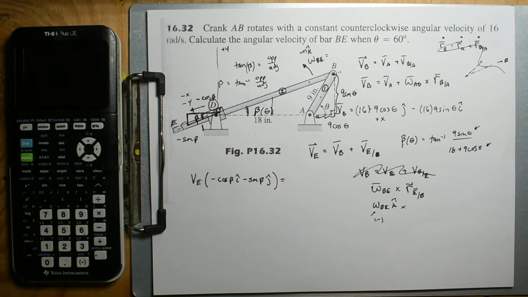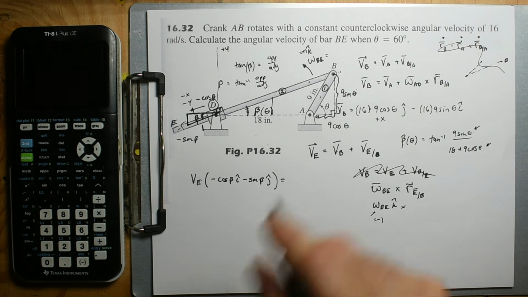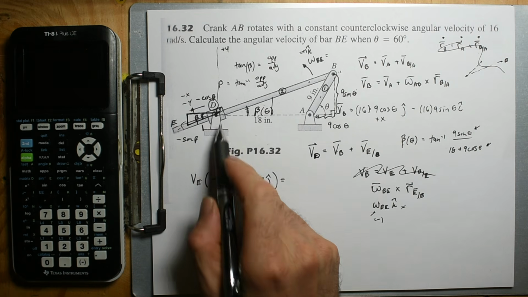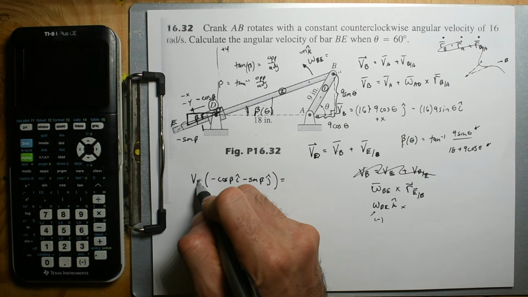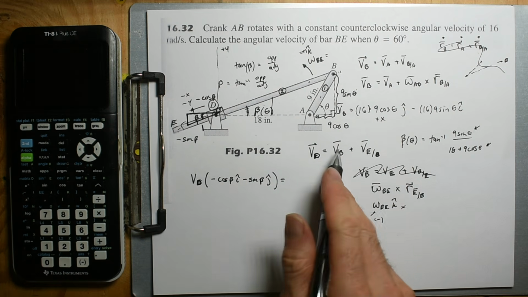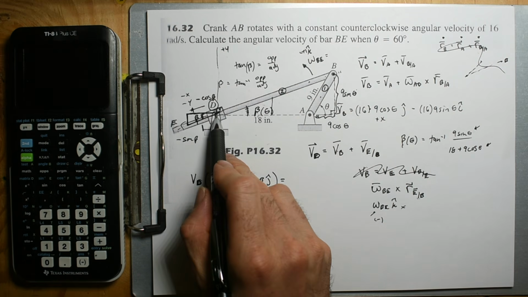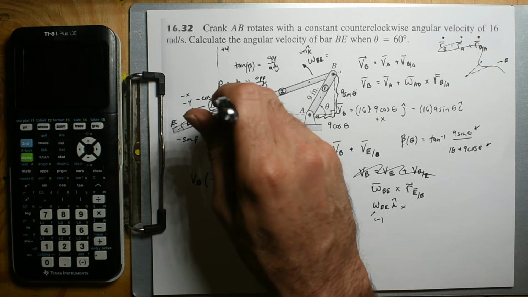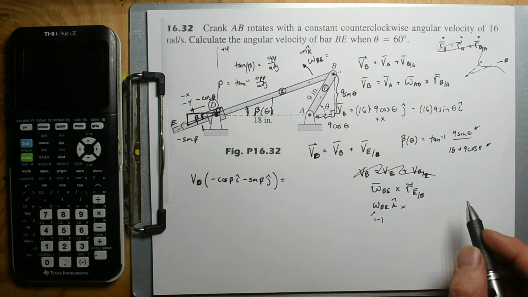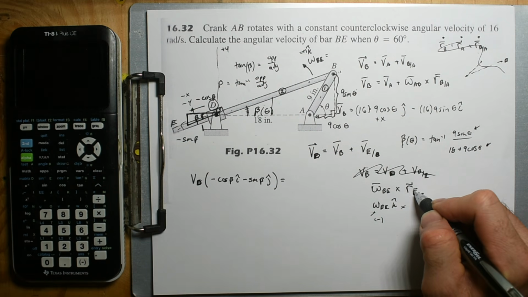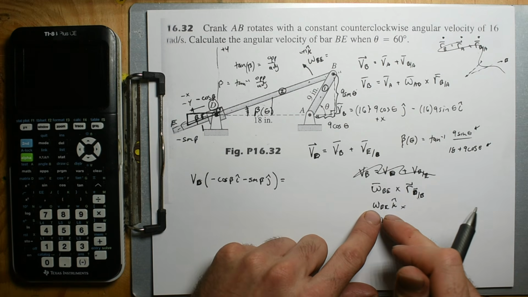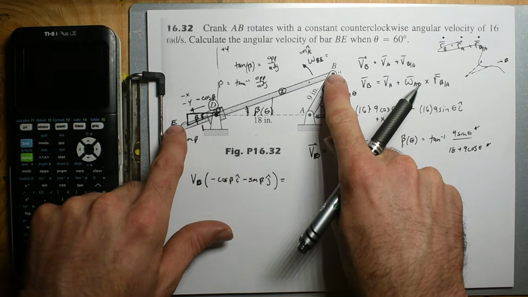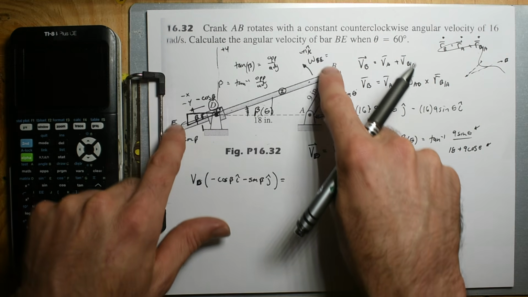And see, that's where, so dumb. I'm sorry I changed it. We're just going to change this to D because we know where D is on this. So this should have been D the entire time. I'm choosing point D. It's a point on the bar inside that couple. Sorry I chose E. That was stupid. My bad. But it's still omega BE. We can still say it's the angular speed of bar BE.